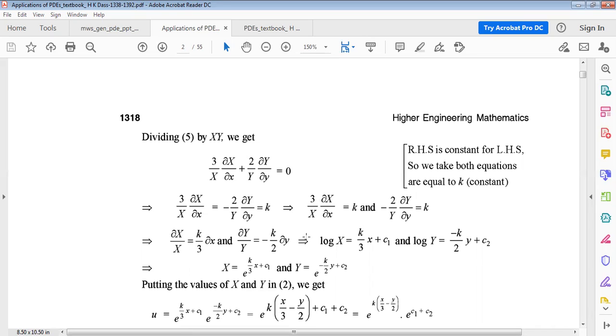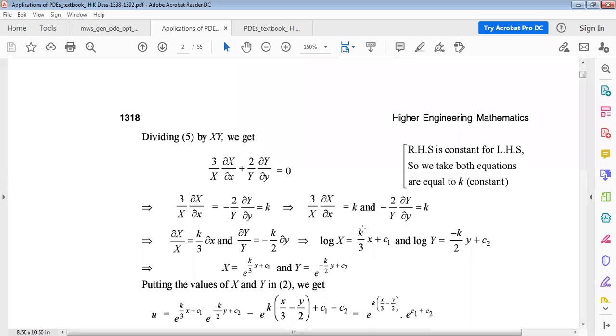Now from these two we can write, just taking integration on both sides. 1 by x formula: log x equals k by 3 x plus c1, the integral constant. Now from this second one, 1 by y formula: log y equals to minus k by 3 y plus c2, the integral constant for the second ratio.